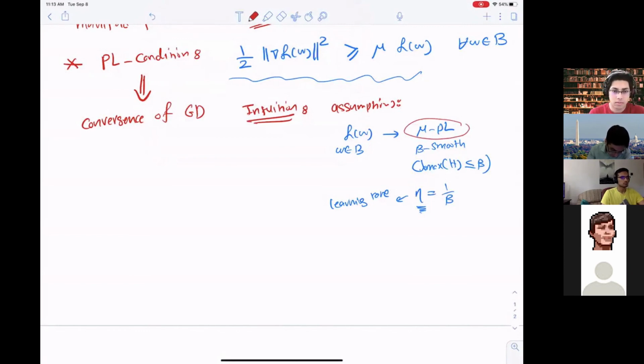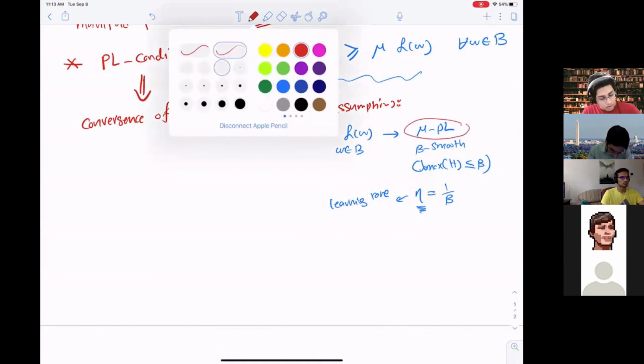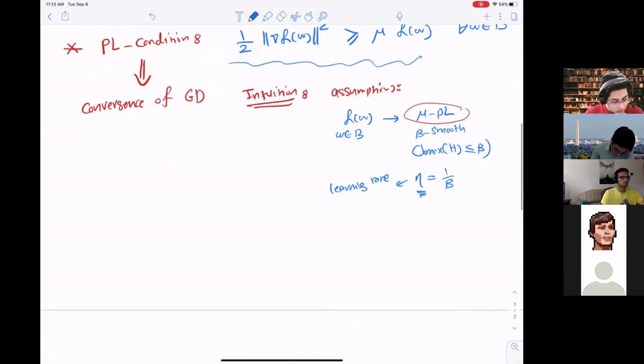And we are going to analyze the dynamics of gradient descent, where W_{t+1} is equal to W_t minus eta times the gradient of our loss at W_t. We want to see if the dynamics of gradient descent would take us to the global optimum.